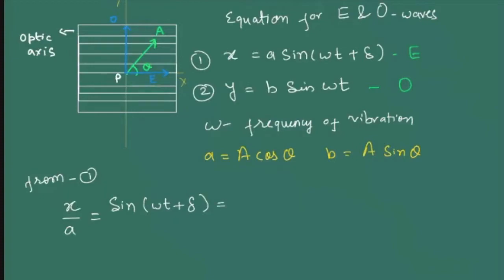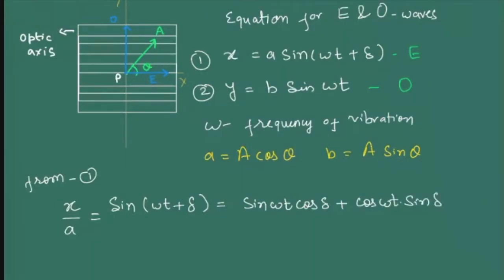And you know that sine of a plus b equals sine a cos b plus cos a sine b. So let us put that in practice. So it will be sine of omega t cos of delta plus cos of omega t into sine of delta.